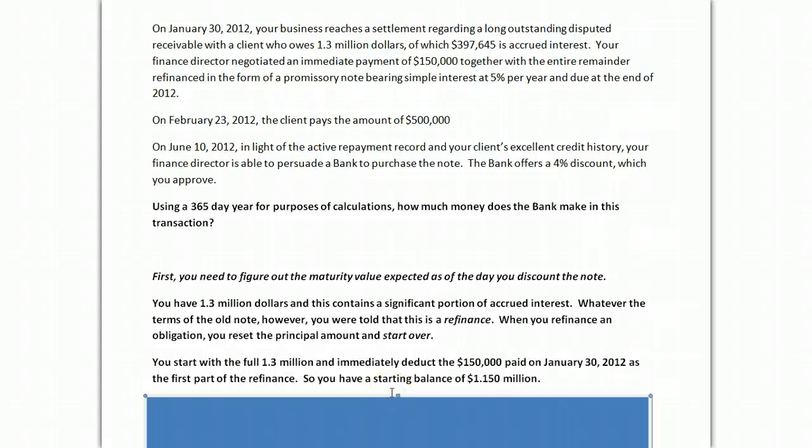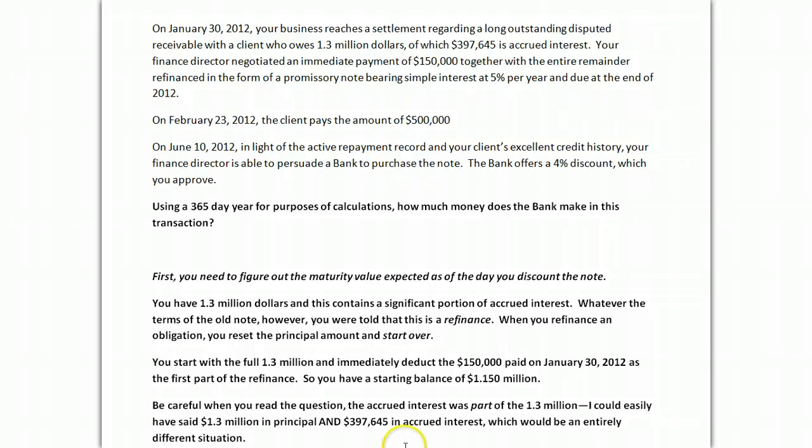You start with the full 1.3 million and deduct the 150,000 that was paid on January 30th. So for purposes of everything you're going to do forward, you have a starting balance of 1,150,000. The extra note here is just designed to show you that you have to be careful when you read the question. $1.3 million, of which 397,645 is accrued interest.